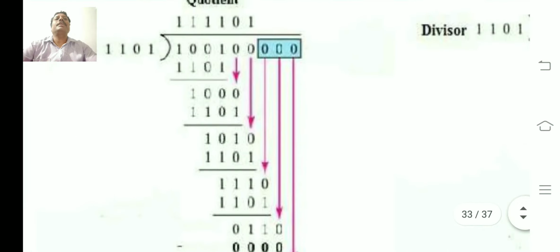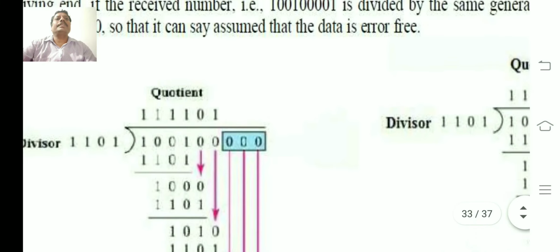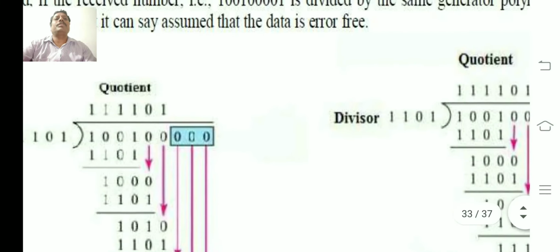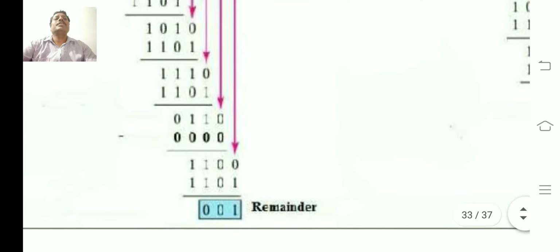We are not sufficient with 0, so once again we add another 1 0 and use 1101. Finally we get a remainder of 001, and this 001 becomes the CRC bits. So while sending the data, this becomes 100100 and 001.